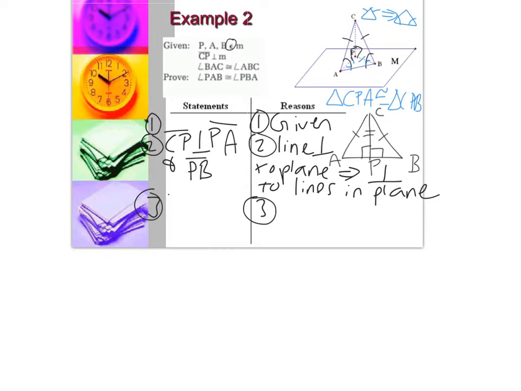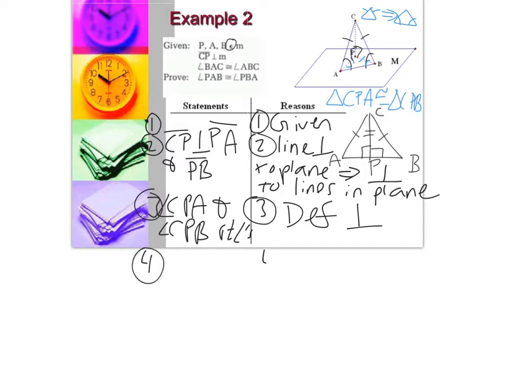All right, so then I have some right angles, right? Angle CPA and angle CPB are right angles. That's by definition of perpendicular. And since I'm using hypotenuse leg right angle, I don't need to say that those are congruent. If you do, it's not wrong, it's just an extra step that's not needed. Also, we said CA is congruent to CB, by if angles then sides.